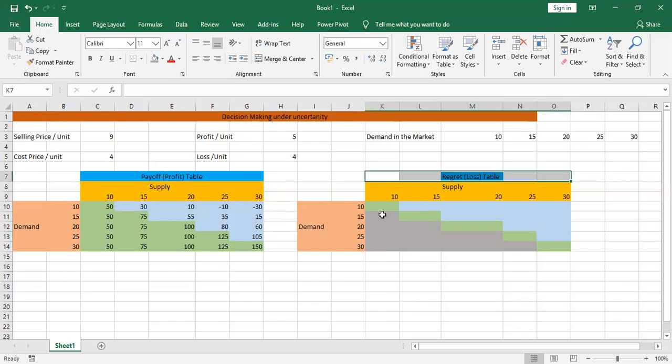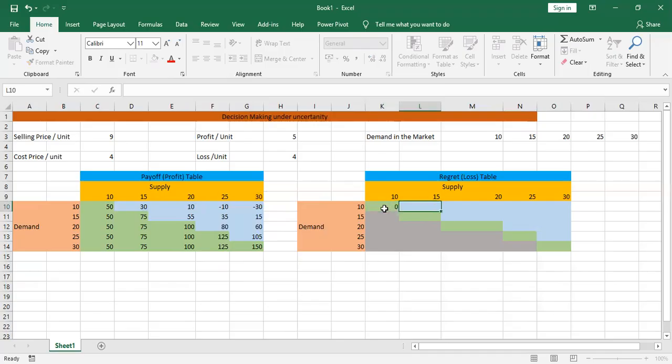What is the maximum value in the first row? That is 50. You will subtract all values from 50. So 50 minus 50, 0. 50 minus 30, 20. 50 minus 10, 40. 50 minus 10, 40, and then 60 and 80.